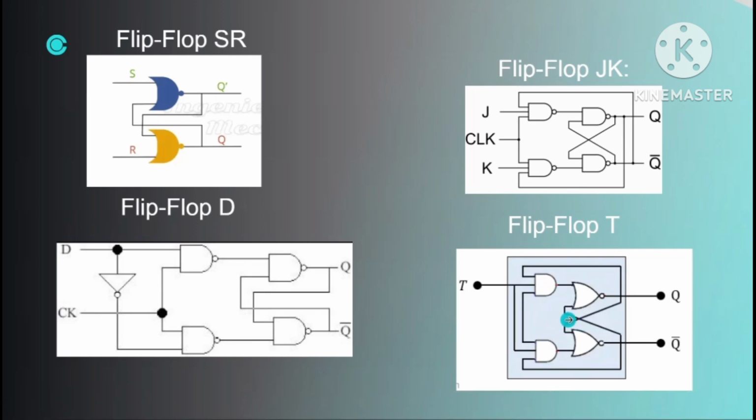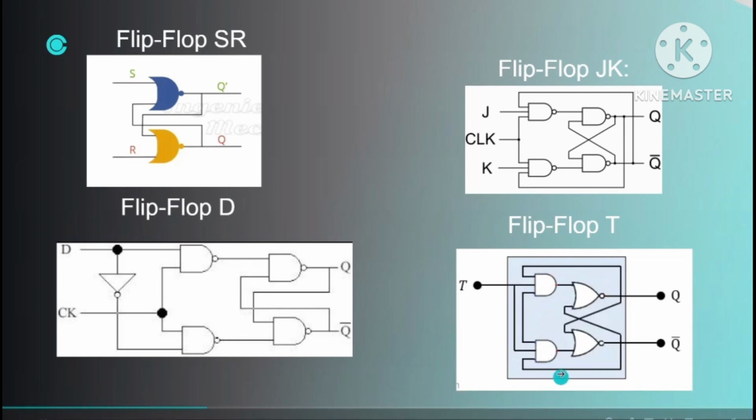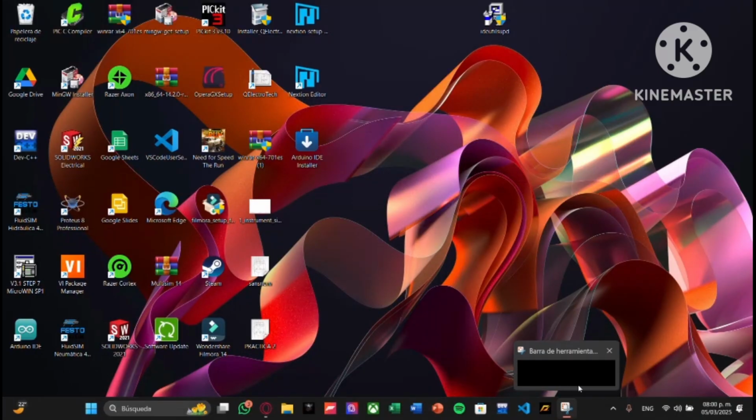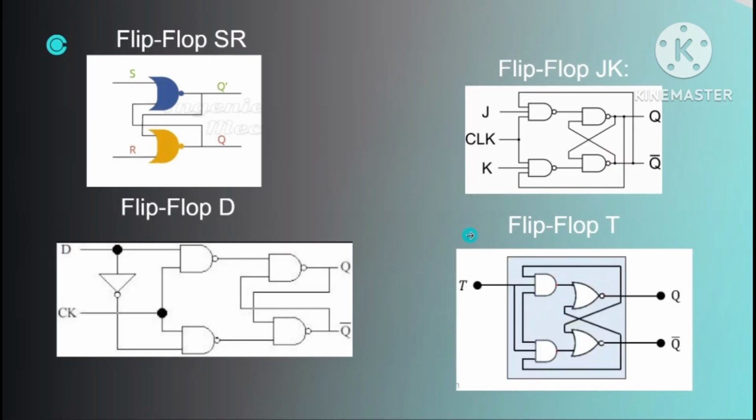The output maintains its previous state when T is equal to 0. If T is equal to 1, the output changes state, toggle, with each clock pulse. It is mainly used in binary counters and frequency dividers, as it allows switching between 0 and 1 automatically.